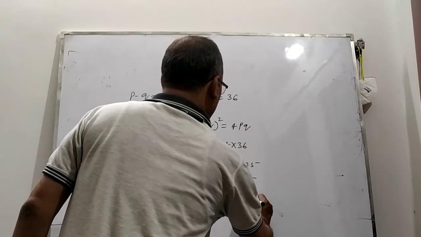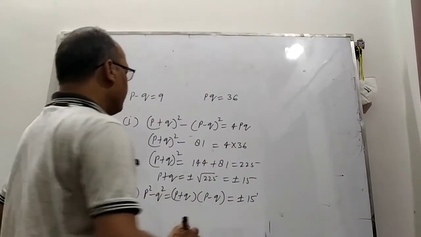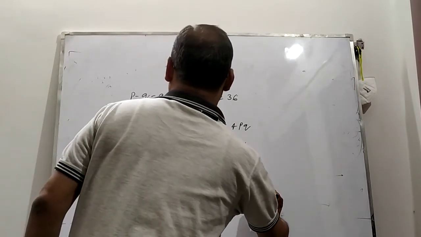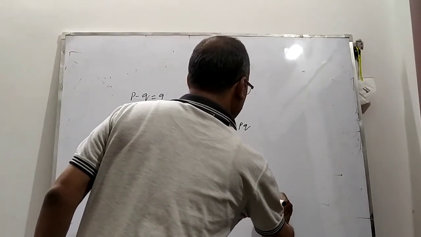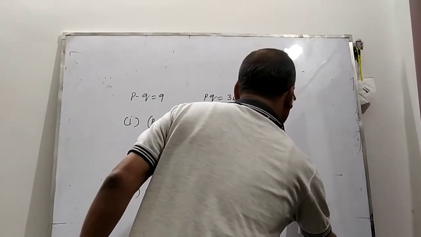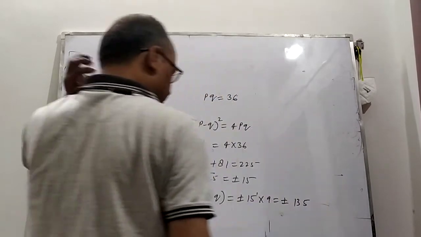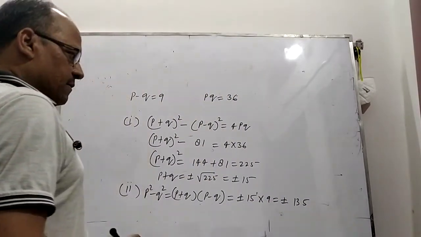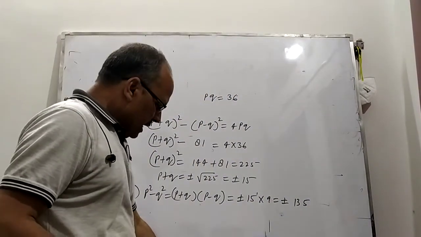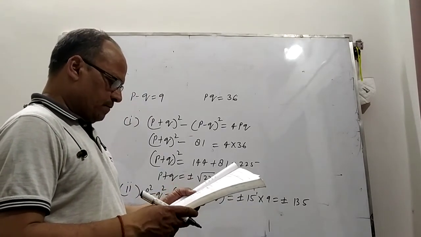Plus minus 15. Of P minus Q, this will be 9. Then plus minus 135. Clear? So, in this way, you will try to solve the question.